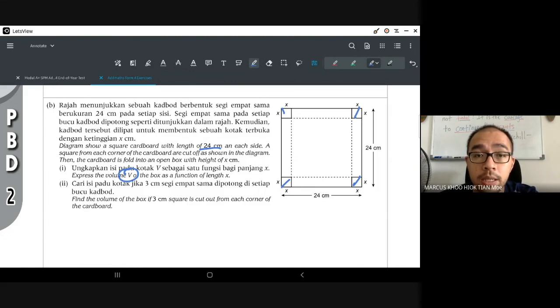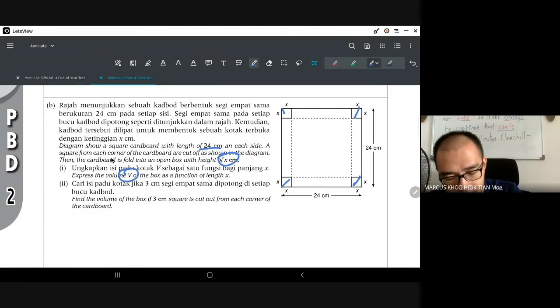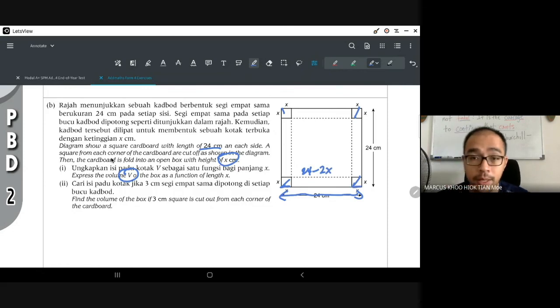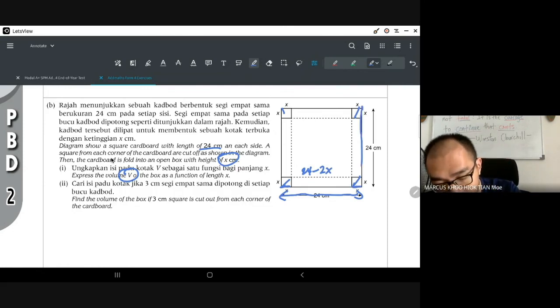Express the volume. The volume of the box, the height is x, right? So if we fold this box, this length will be 24 minus 2x because we already cut out the x over here, and then this length will also be 24 minus 2x.